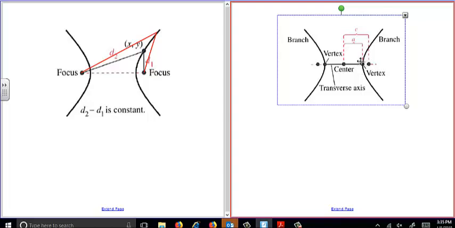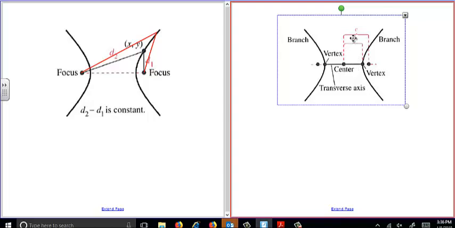There's also a distance in the y direction, equivalent to b in the ellipse, and the b and the a allow us to draw a rectangle. By drawing lines between the corners of the rectangle and extending them, we create asymptotes that help us draw in the remainder of the hyperbola.